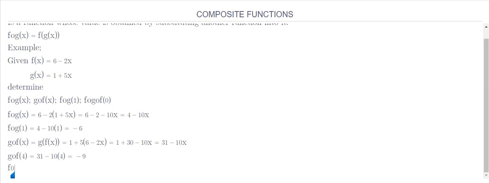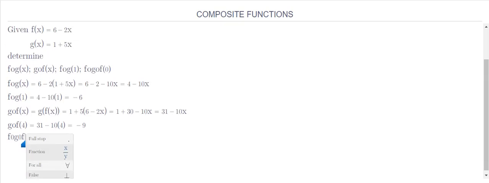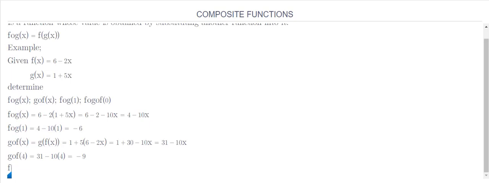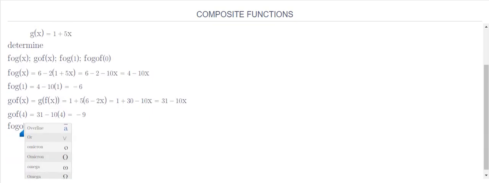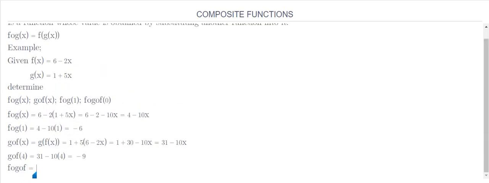Now the last one is f of g of f of 0. I'm still repeating, you cannot get f of g of f of 0 without first getting f of g of f of x.